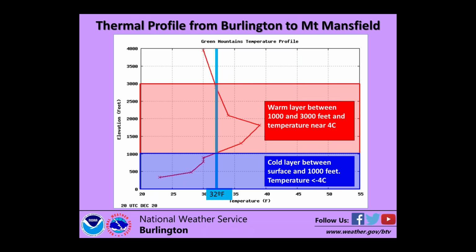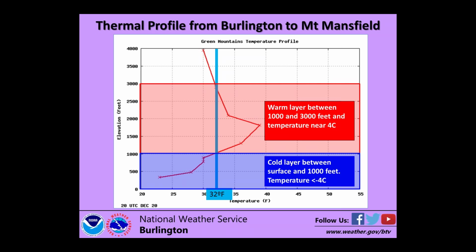Here we have a thermal profile, and again, the red line is the temperature, and the thick light blue line in the middle is the freezing temperature. So temperatures started below freezing, but then you had that very warm nose, that very deep and intense warm nose, with temperatures about 4 degrees Celsius above freezing. That's plenty warm enough to allow for all that snow and ice crystals to wind up melting throughout that layer.